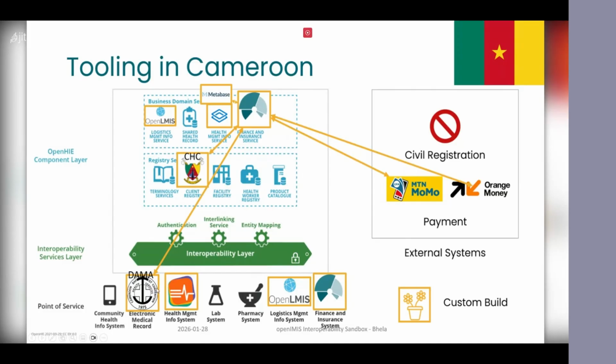So for example, in Ghana, you have medical record systems sending e-claims to openIMIS, and then openIMIS sending payment notifications to bank accounts or mobile money providers.